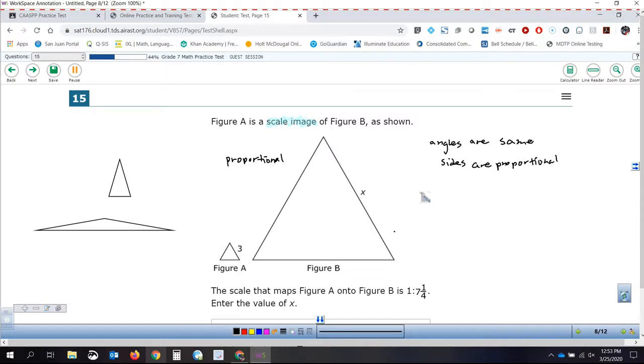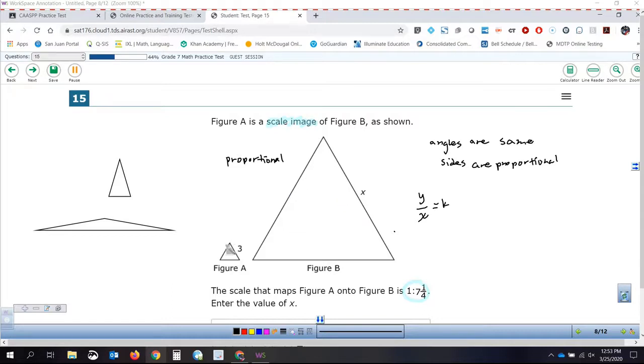Do you remember in the previous problem? A proportional relationship, y divided by x was k. It was a constant. All right, so what is that proportion? Well, they actually tell us down here: 1 to 7 and 1/4. I hope you all agree that this triangle is bigger.